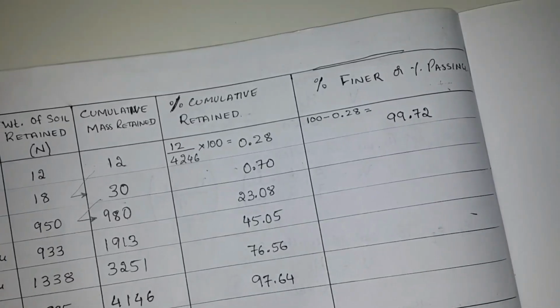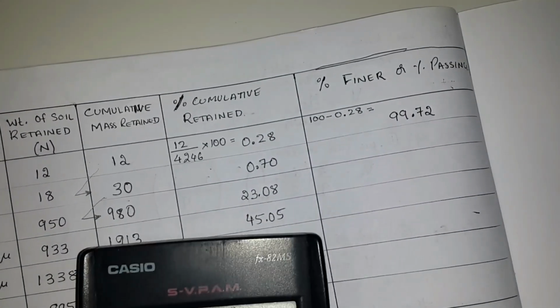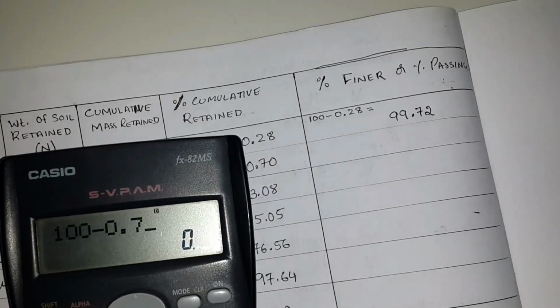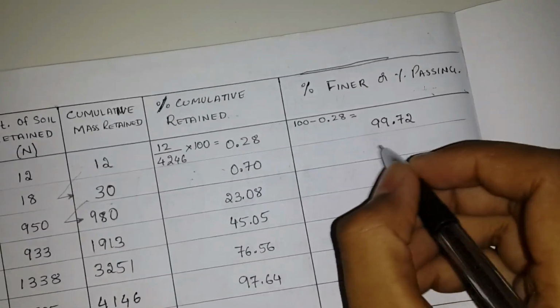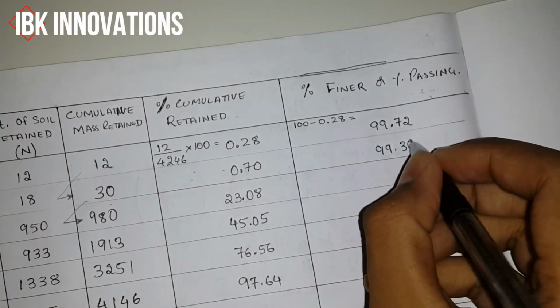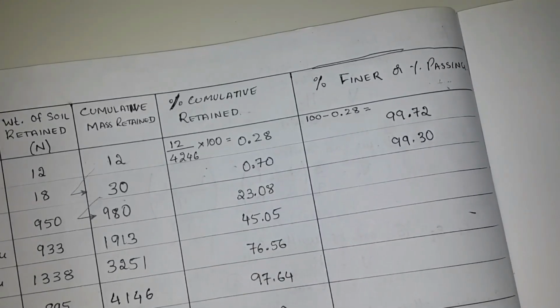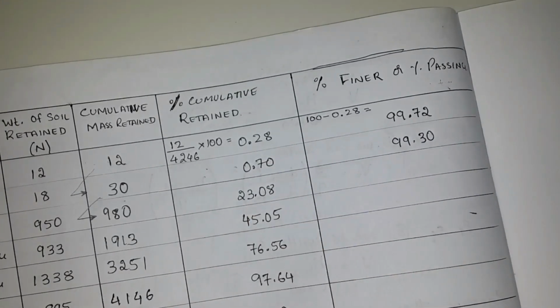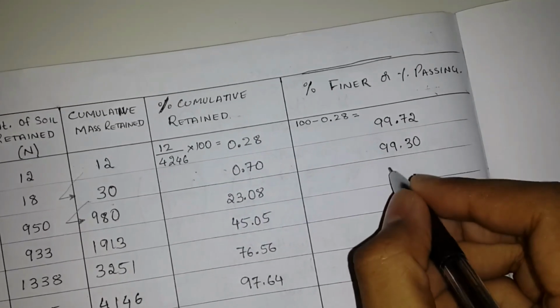Next, 100 minus 0.7 gives 99.3. Next, 100 minus 23.08 gives 76.92.